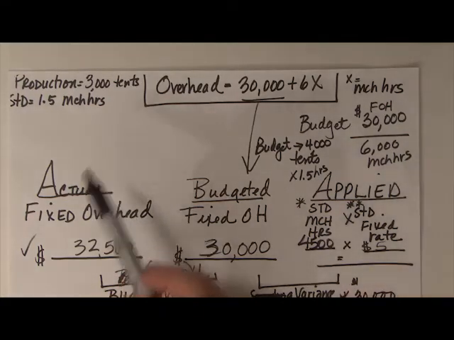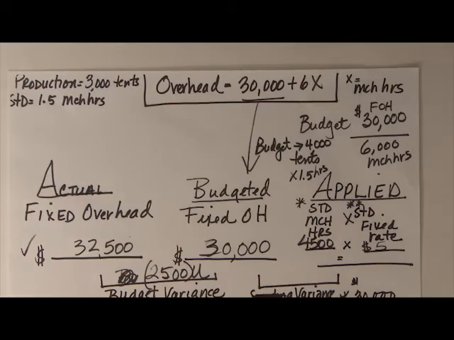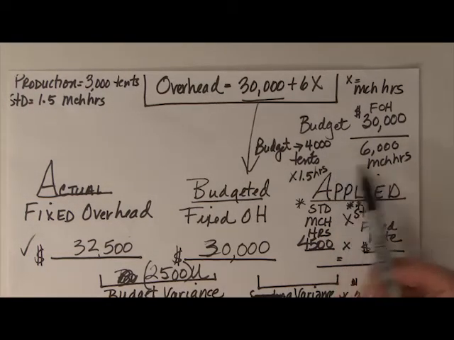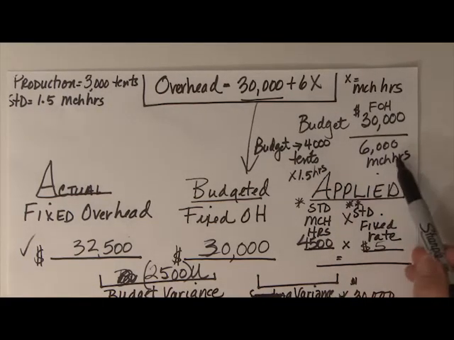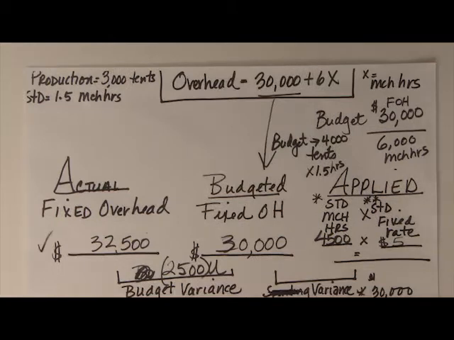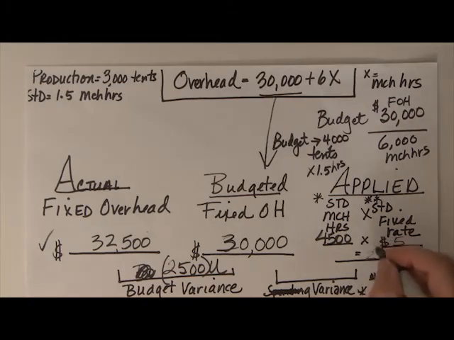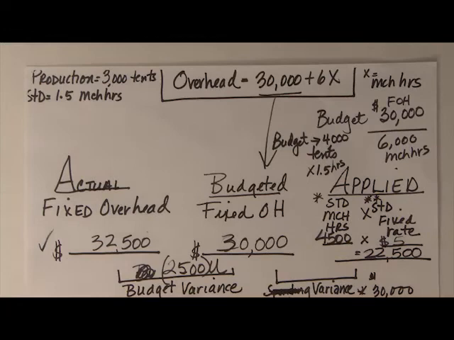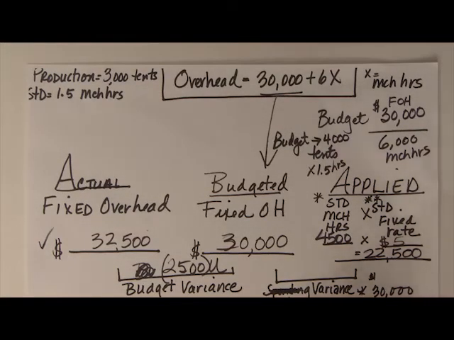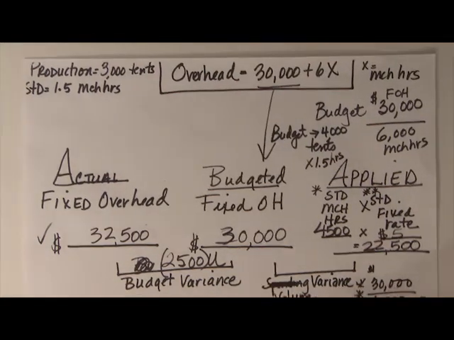Now, we know that we turned out to produce only 3,000 tents, but the budget plan was to make 4,000, which requires 6,000 machine hours. So now we can compute this last area. This gives us 22.5 for the applied. And this is called the volume variance.